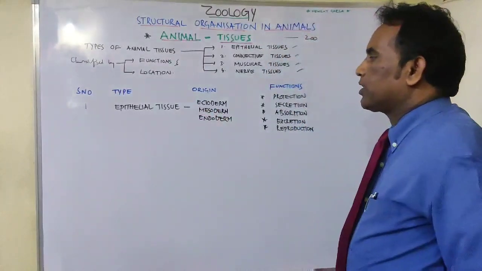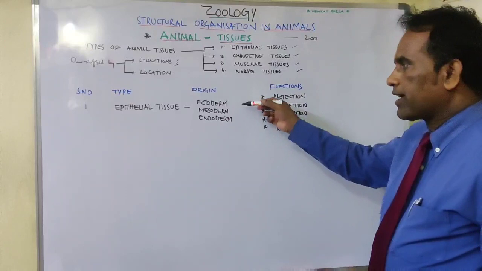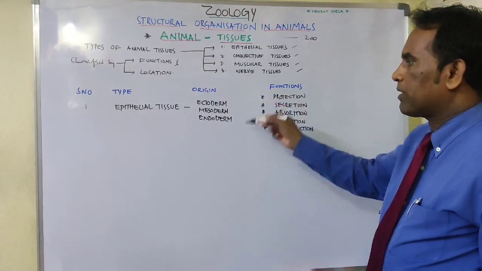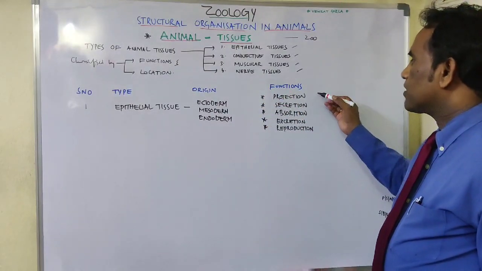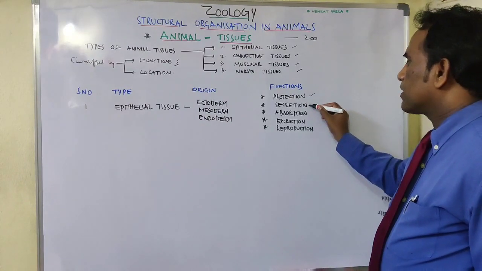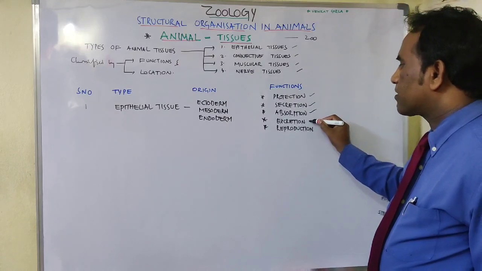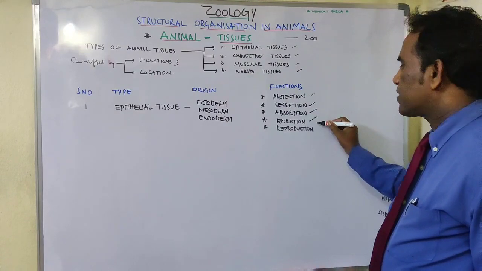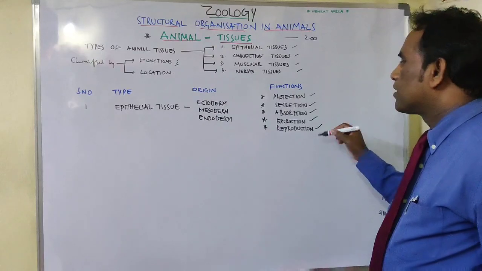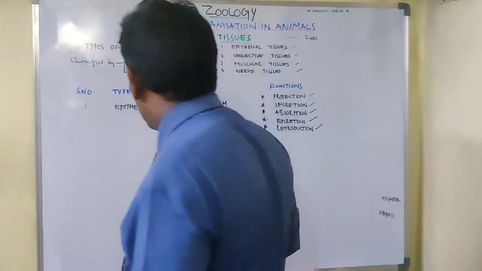So epithelial tissues originate from all three germ layers, ectoderm, mesoderm and endoderm. They offer protection for inner parts of the body, secretion of chemicals, absorption of digested food, excretion, removal of waste materials, and reproduction. So these are the functions of epithelial tissue.